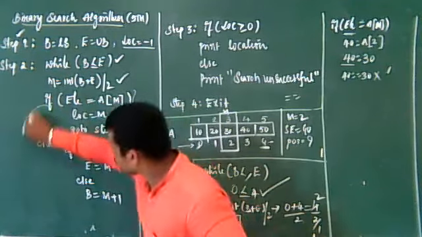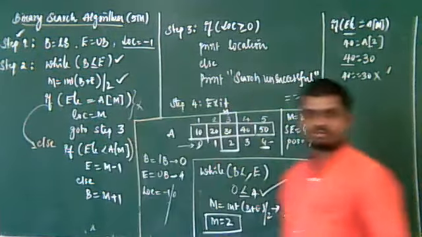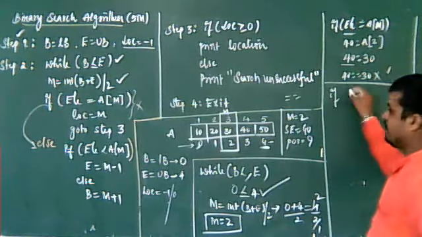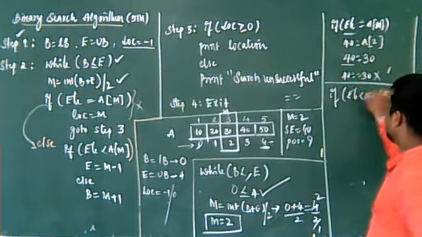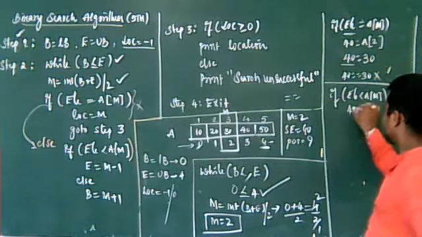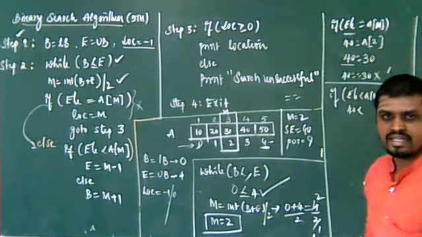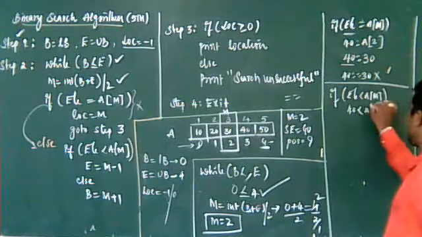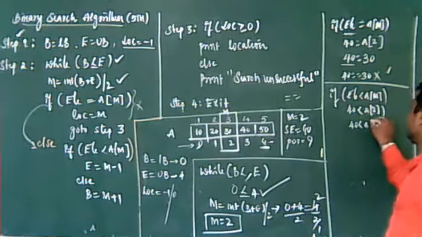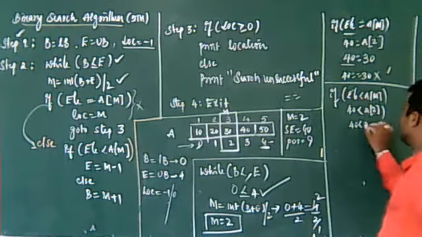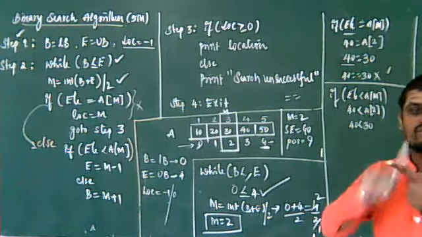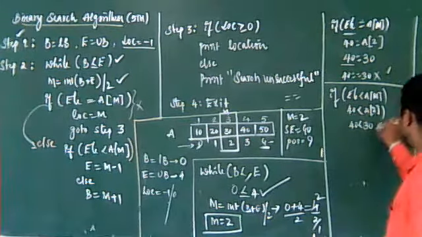So it moves to the else part. Else if element is lesser than A of M. The searching element is 40. The array name is A, and A of 2 is 30. Is 40 lesser than 30? The condition is false.